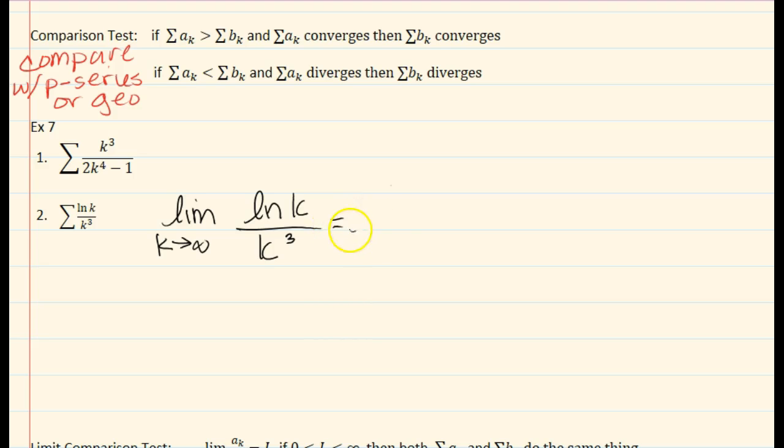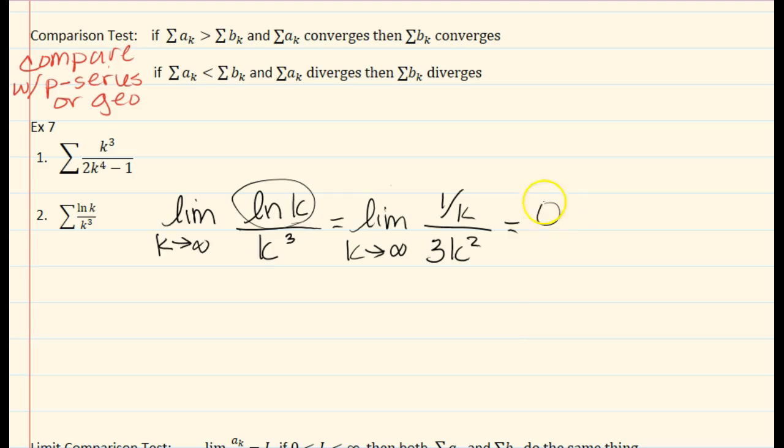This is the same thing as the limit as k goes to infinity, where I take the derivative at the top and the derivative at the bottom. We're going to end up with 0 at the top and infinity at the bottom, which means it's equal to 0, and the divergence test is inconclusive, which means we need to try something else. Let's try the comparison test.